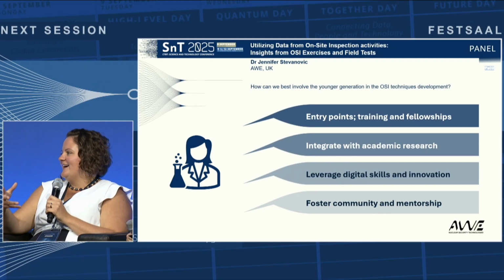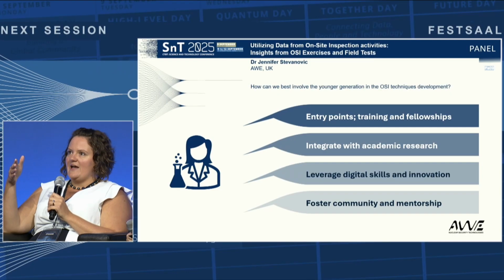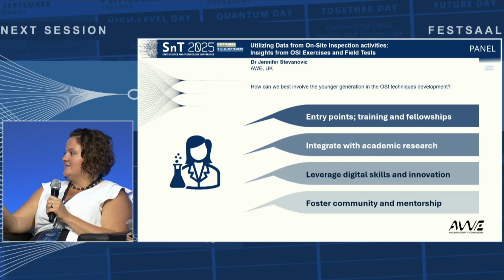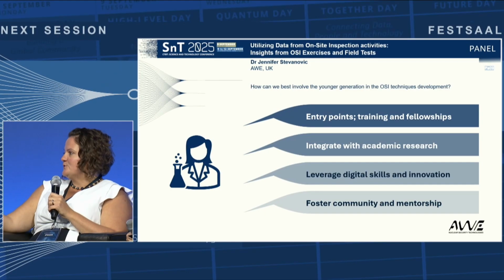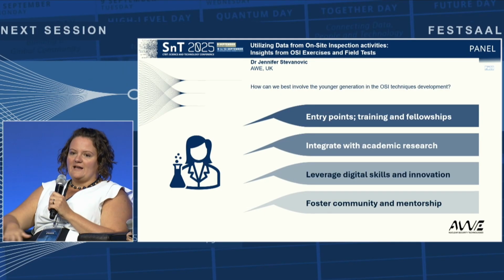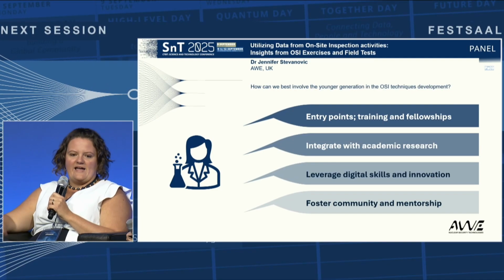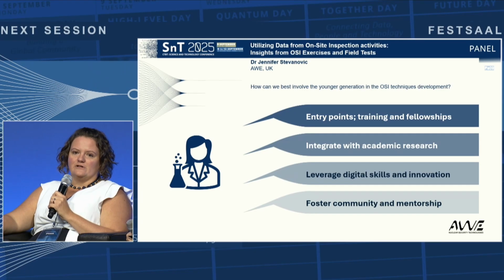Leveraging these new digital skills and innovation, coming back to what Farushka was saying about the youth and their attention span: they are so keyed in to developments that a short attention span is actually a benefit in many cases because they adapt so quickly. Being able to leverage those skills of the younger generations while the rest of us get left behind by AI would be wonderful.